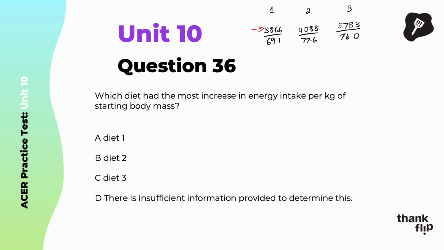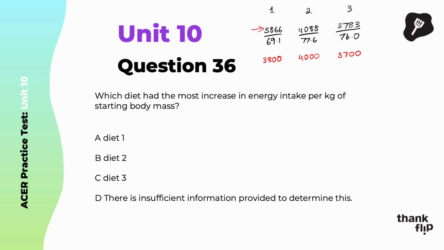So looking at our numerators, they are quite different. They're different by around 100, right? And what we can do is simplify them by approximately the same amount. So we can go 3800, then we can do 4000, and we can do 3700. All right.